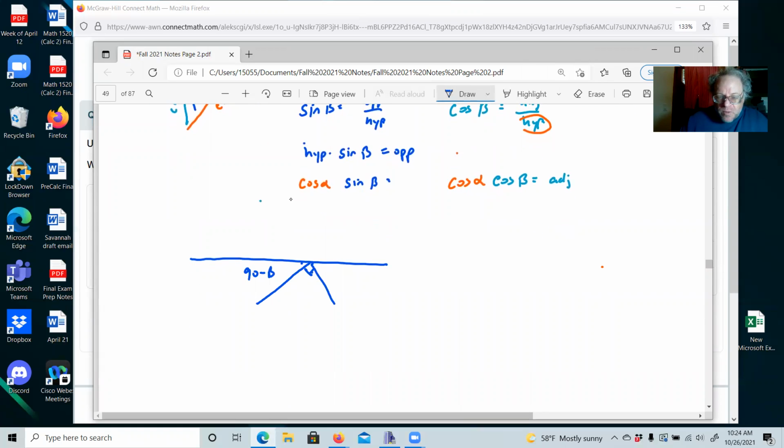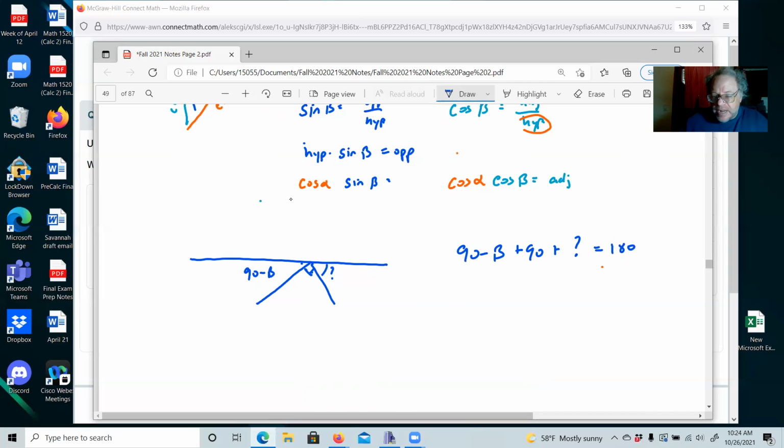And what I'd like to do is figure out, well, what the heck is this one? Well, this trio of angles, they have to add up to 180. So we've got the 90 minus beta plus 90 plus I don't know, and this has to be 180.